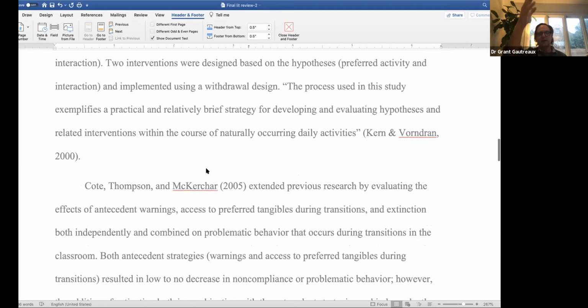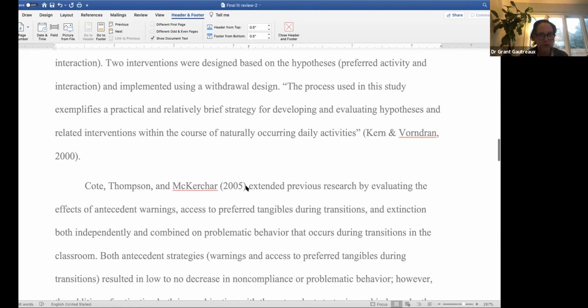She did it like that, where each paragraph is a different researcher, which is okay, but you need transitions in order to do that. When you're ending one, you have to explain to the reader why you're going to the next. It could be something as simple as: Kern and Vondren were not able to evaluate the effects of antecedent warnings.